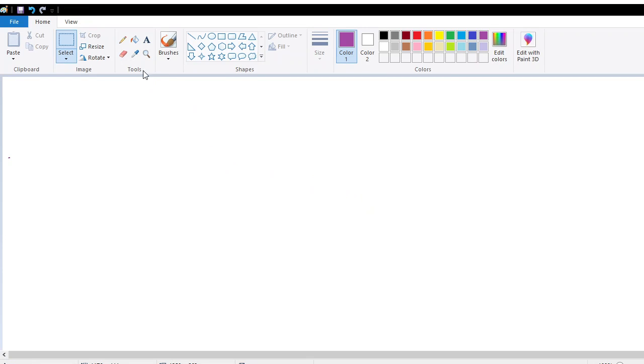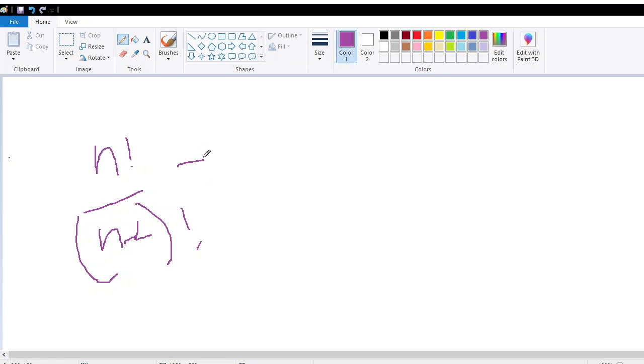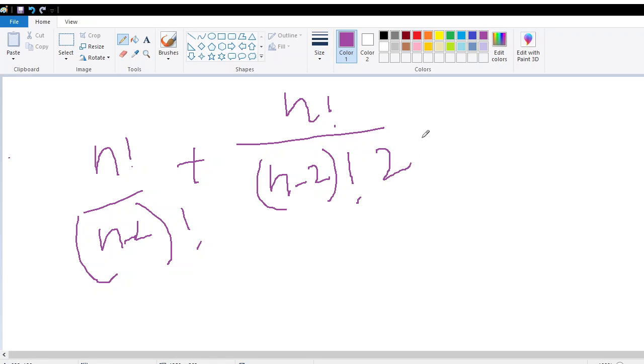So what we have got is n factorial divided by n minus 2 factorial plus n factorial divided by 2 factorial into n minus 2 factorial, this is the definition of combination, equal to 14n.